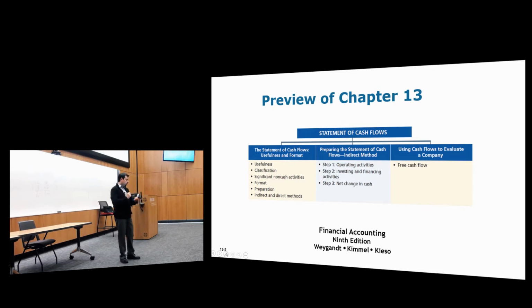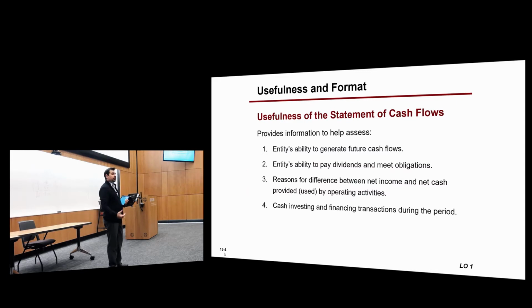Okay. So again, we've been talking about the usefulness of the statement of cash flows, because why do people care about net income? Because it tells us the story. It tells us what you can expect from the company the next year. This is the money that is generated from the company's operation.